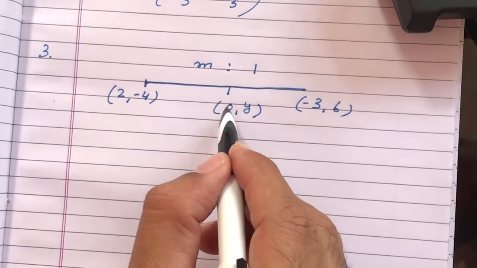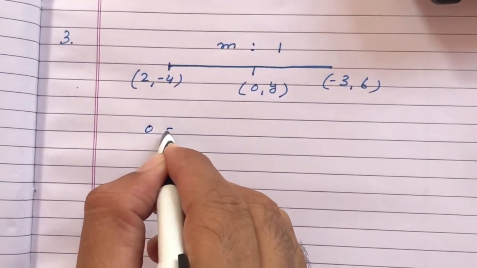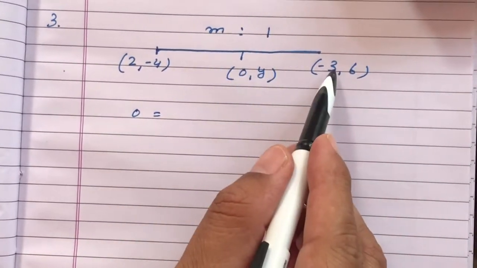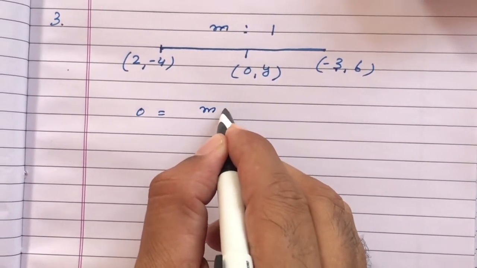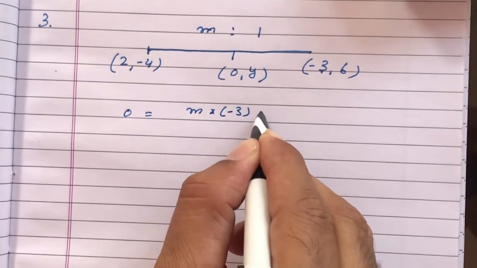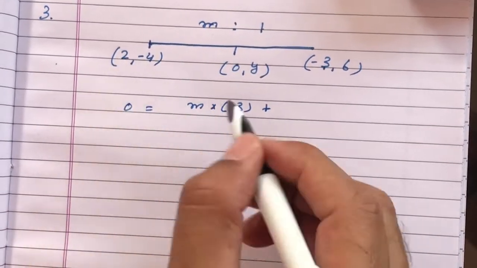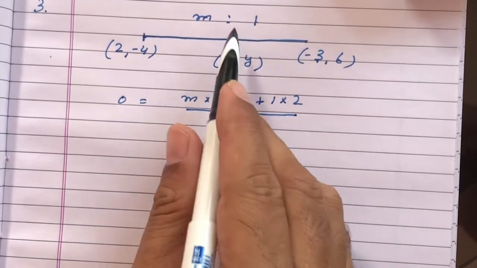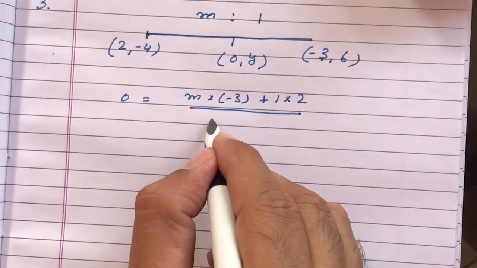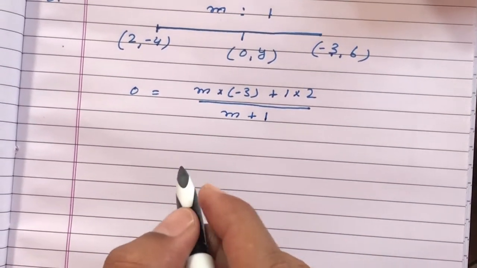So now 0 is equal to m1 x2, m into minus 3, plus m2 x1, 1 into 2, upon m1 plus m2, m plus 1.